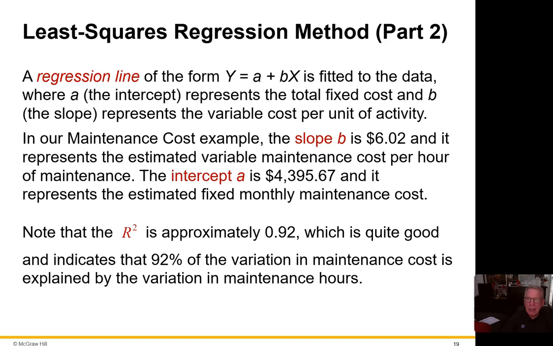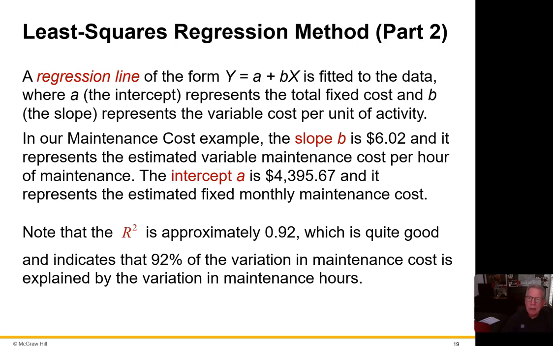So here, the regression line in the form of y equals a plus bx is fitted to the data, where a is the intercept representing the fixed cost, and b is the slope representing the variable cost per unit of activity.